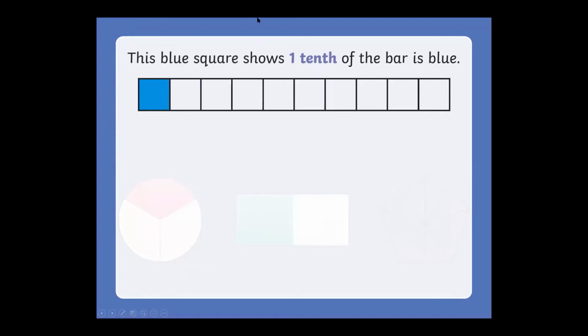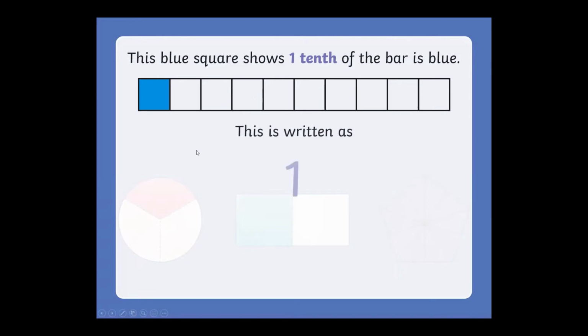So the blue square shows 1/10 of the bar is blue. So we've got one part here, and we've got 1, 2, 3, 4, 5, 6, 7, 8, 9, 10. So our whole is 10 with one part shaded in blue.